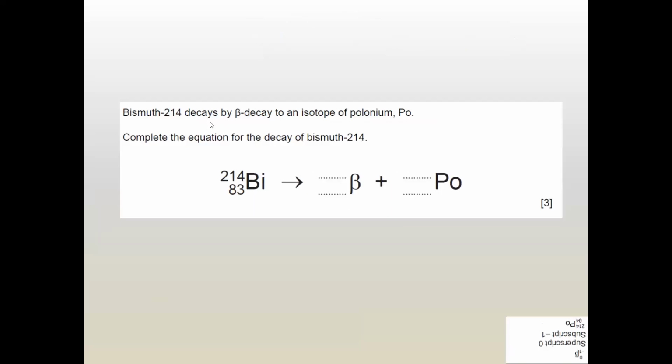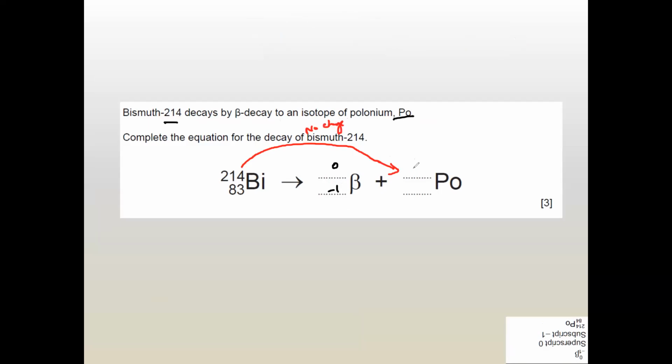Another question related to beta emission. Bismuth 214 decays by emitting out a beta particle and converts into polonium. This is a symbol for beta, 0 minus 1. So when the new nuclei formed, what happened to the nucleon number? It does not change. Whenever there is a beta decay, there is no change in the nucleon number.